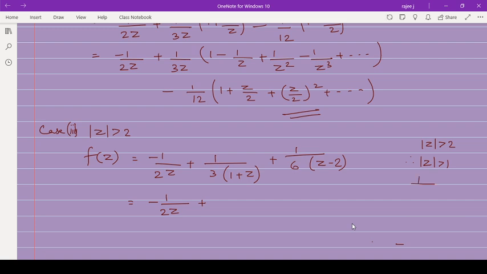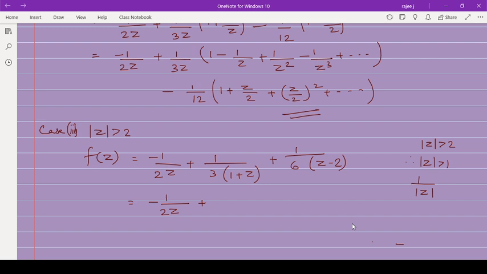Then what about 1 by mod z? Write in the chat box what will be 1 by mod z, greater than 1 or less than 1. If mod z is greater than 2, clearly mod z will be greater than 1, then 1 upon mod z.